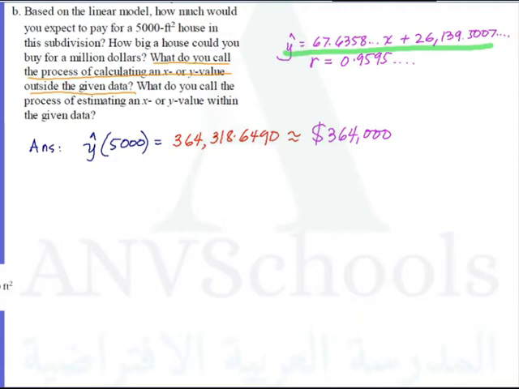We will do 1 million minus 26,140. That is the y-intercept, the value when x is equal to 0. We are extrapolating. Divided by 67.6358.